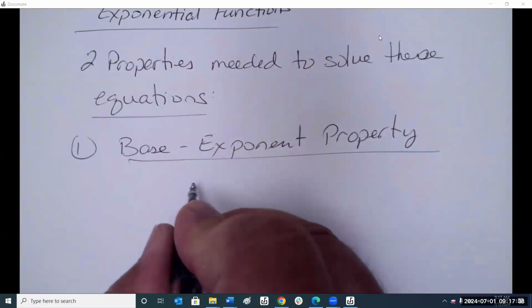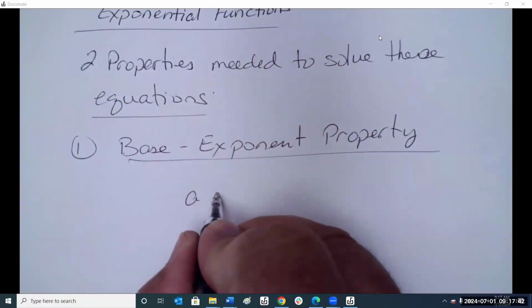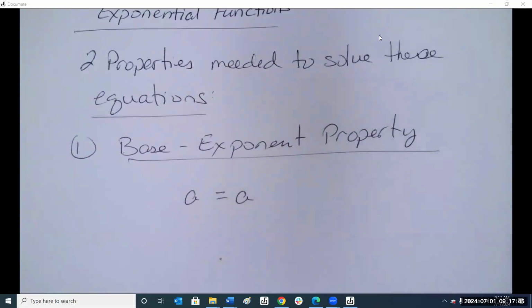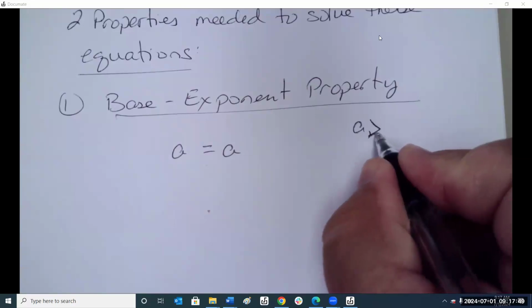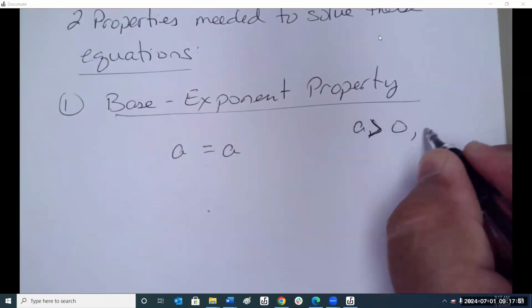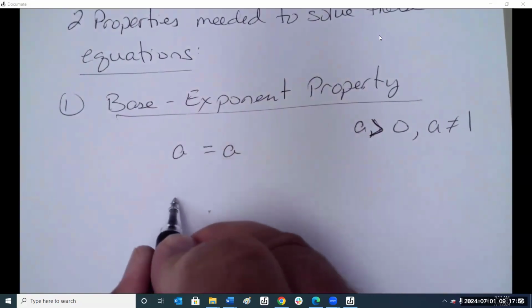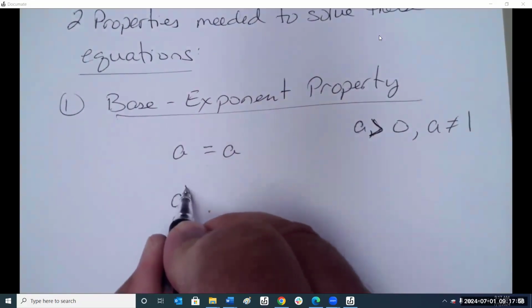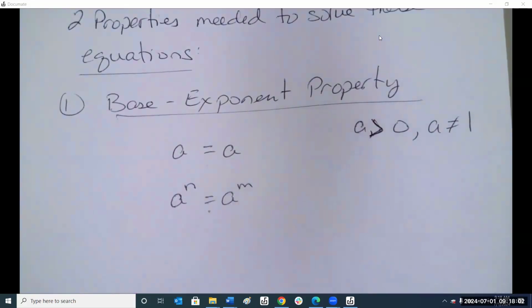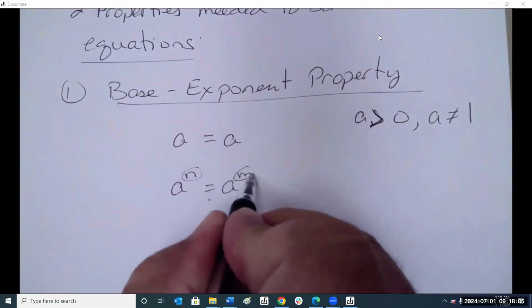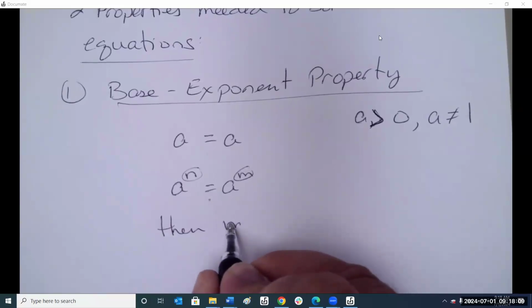That says this: if you have two bases that are the same, and for this case, remember, the base has to be greater than 0 and it can't be equal to 1, then whatever exponents you make them must be equal.